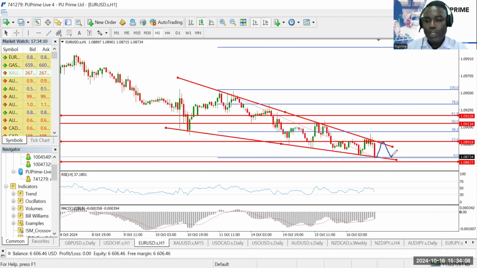Now, if you use exactly Fibonacci 0 as your stop loss, it means when price drops to that level, the stop loss is taken out and you lose the trade. But many times it's been found that when price drops to Fibonacci 0, it may take that level as a support level and price may still reverse back up later. That's why it's not advisable to use Fibonacci 0 exactly as your stop loss, but some pips below it, in anticipation that price can still reverse and go in your direction.